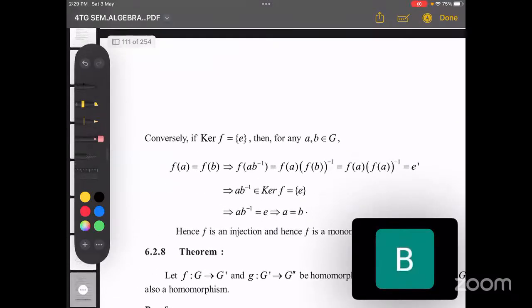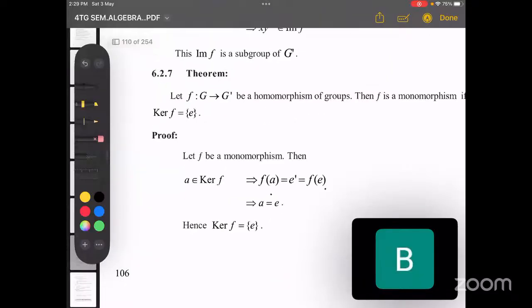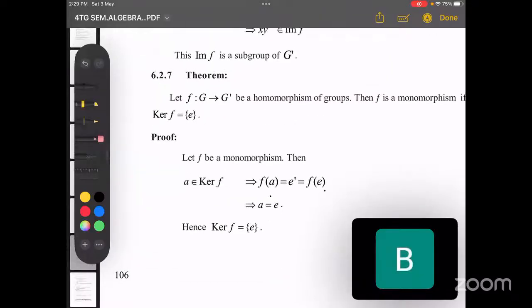So the converse. Since it is an if and only if statement, what is the question? Let F from G to G dash be a homomorphism of groups. Then F is a monomorphism if and only if curl F equals to E. So first we are taking F is a monomorphism; monomorphism is one-to-one.